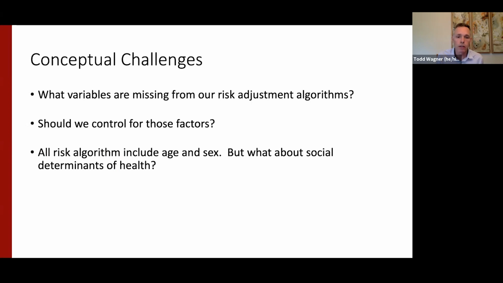And should we be controlling for those factors? We know implicitly that all algorithms include age and sex. What about these social determinants of health? Should we include information that comes from patients about whether they're homeless, about whether they have access to good education? So those questions are starting to come back and being of interest to people.